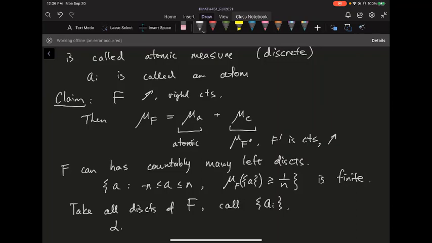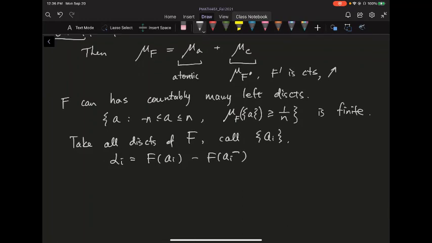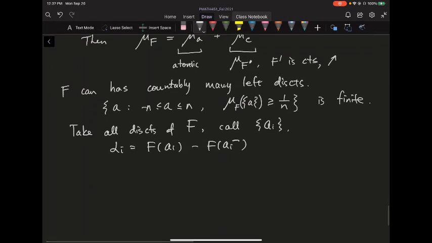For each of these a_i, you let alpha_i be the jump at a_i. So you take f of a_i minus f of a_i from the left. That basically tells you how much you jumped. And from there, mu of A is equal to the summation over i greater than or equal to 1 of alpha_i delta of a_i. That's the atomic measure you're looking at.